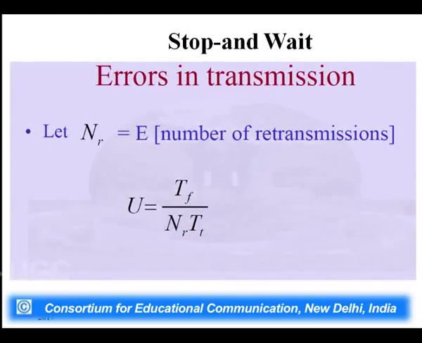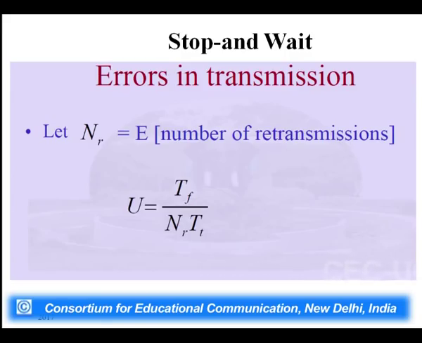Now, the other case, maybe there is error in the transmission. When there is error, what will be the utilization now? When there is error, the same frame which has an error will be retransmitted. We do not know how many times which frame will be retransmitted.